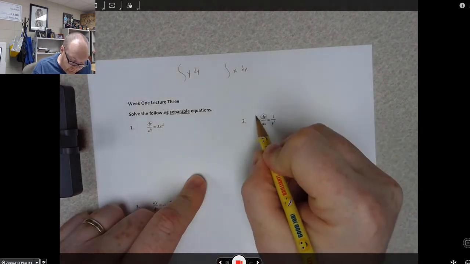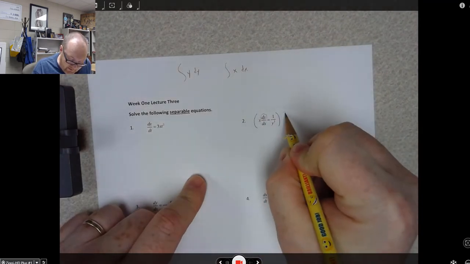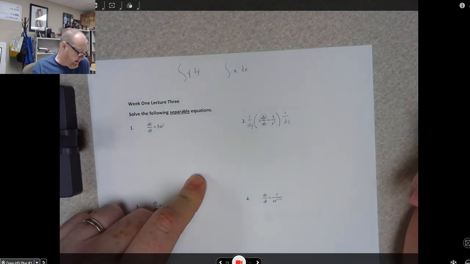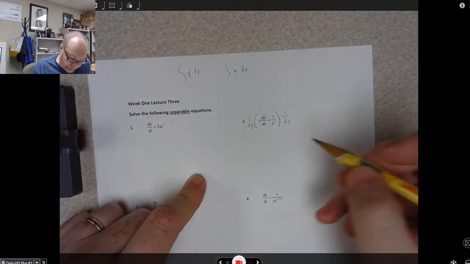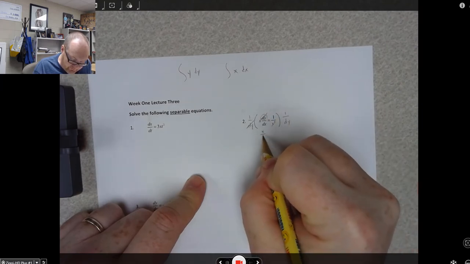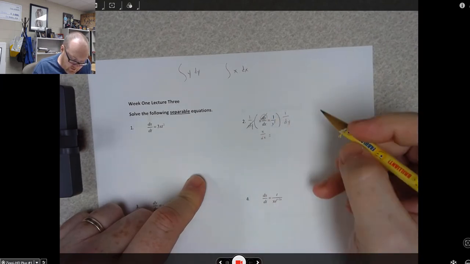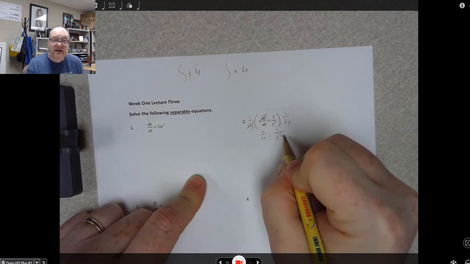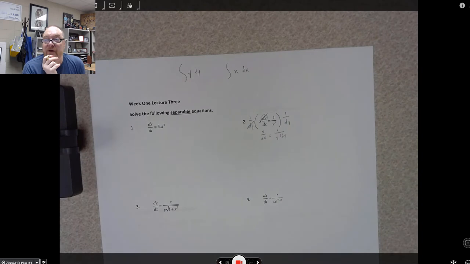In fact, I can get rid of that by multiplying both sides by 1 over dy. And so those dy terms go away, and I'm left with x over dx equal to 1 over y cubed dy. So I have managed to separate the problem.